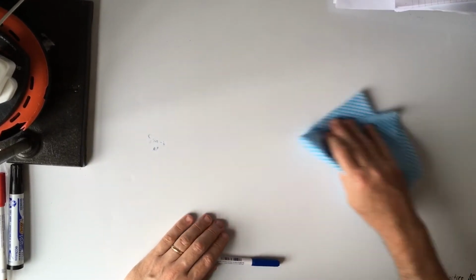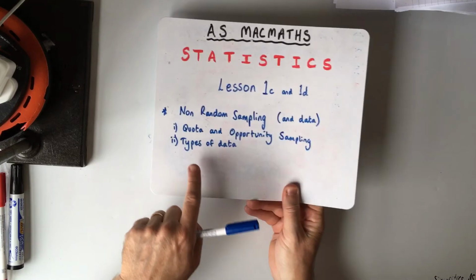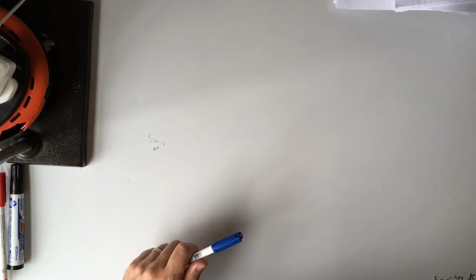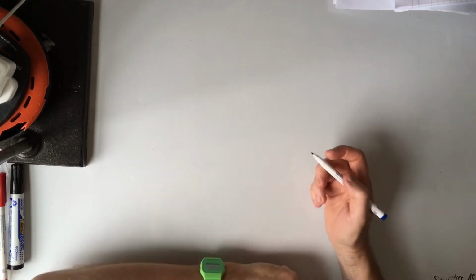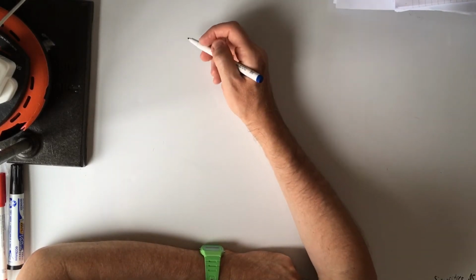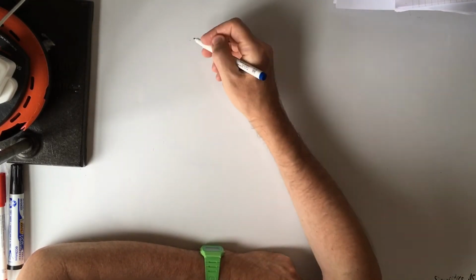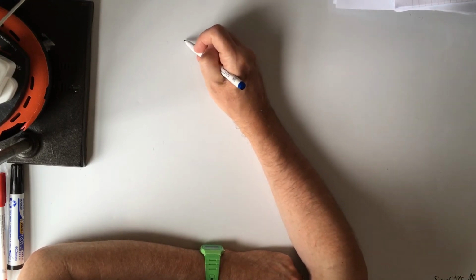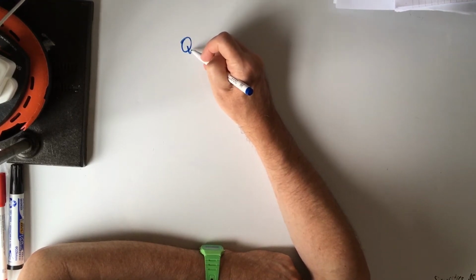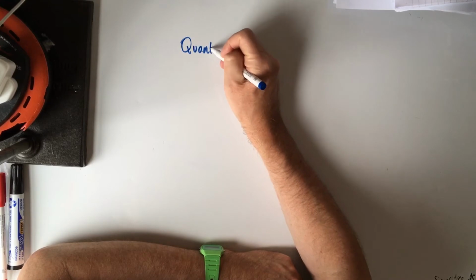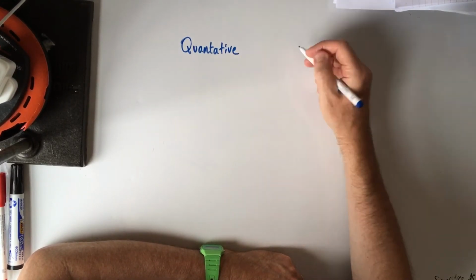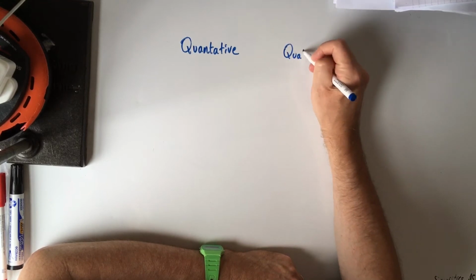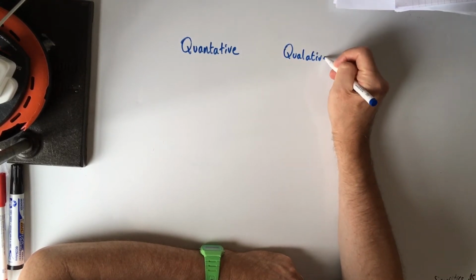And with that, just the types of data as well, and that is just from GCSE, so just going over that, I'm sure you know it, okay. So the two main types of data are quantitative, spell that one right, and qualitative data.